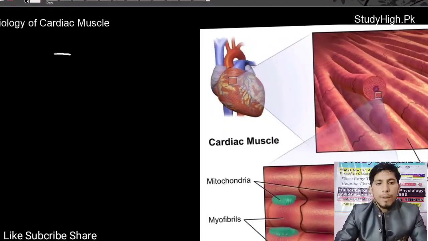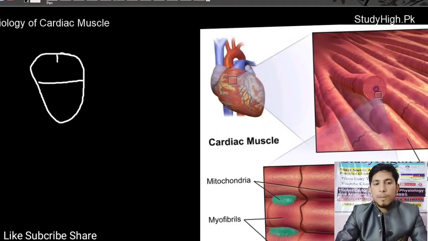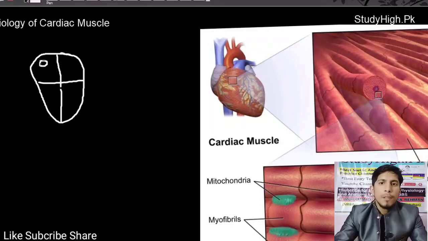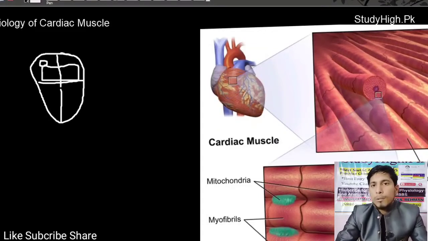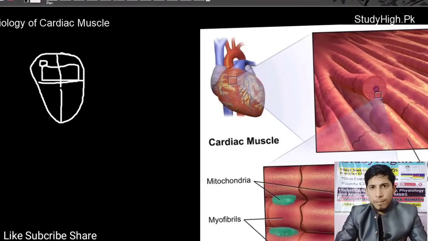Our heart consists of two cardiac syncytia, the atrial cardiac syncytium and the ventricular cardiac syncytium. So when action potential is generated in one cell of atrial muscle, it will be transported to all the cells of the atria that are connected by the intercalated disc.